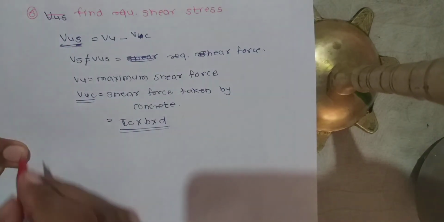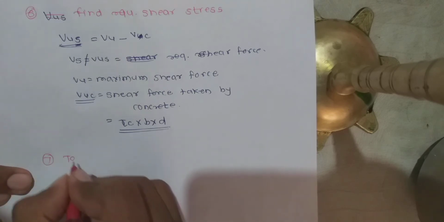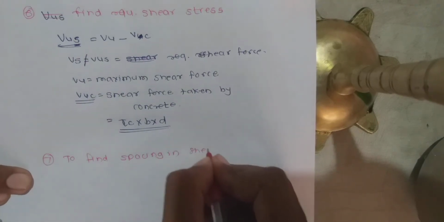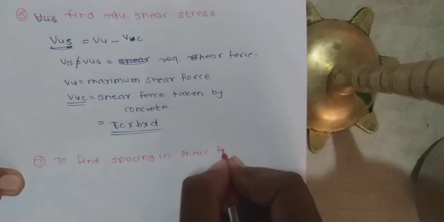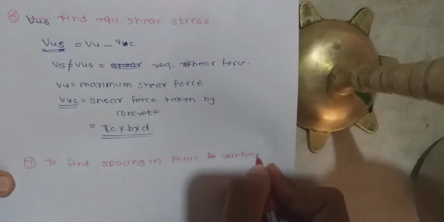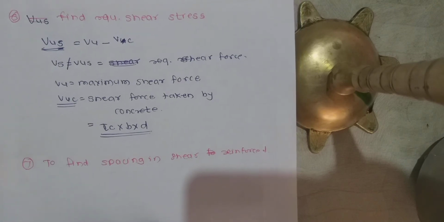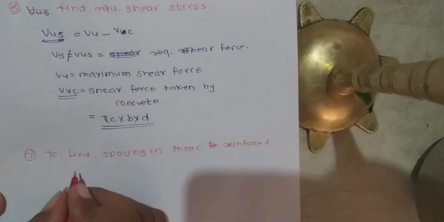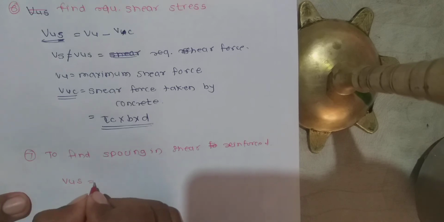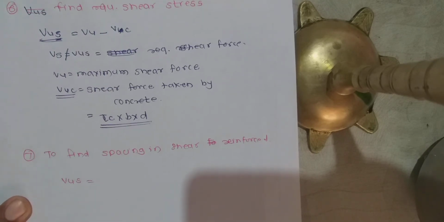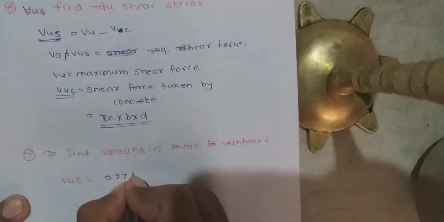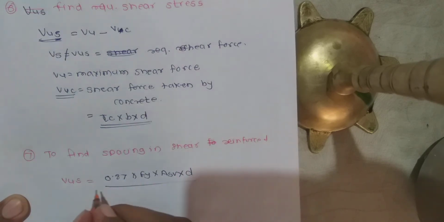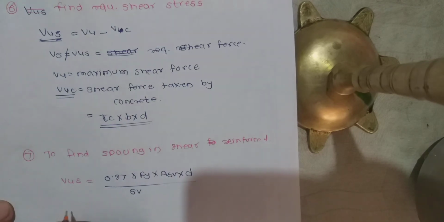Our seventh step is to find the spacing of the shear reinforcement. So how do we find the spacing? Basically, Vus equals 0.87 fy Asv into d divided by Sv.